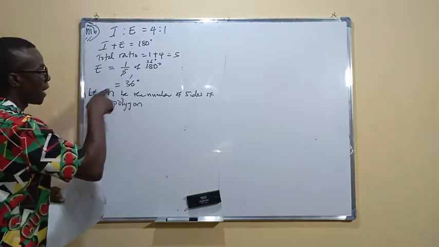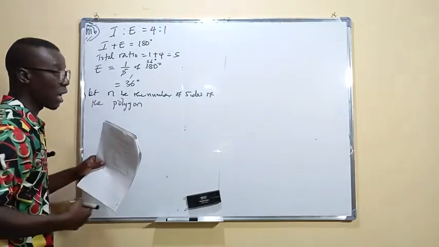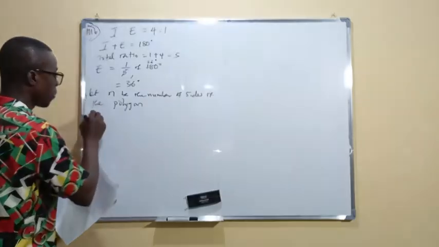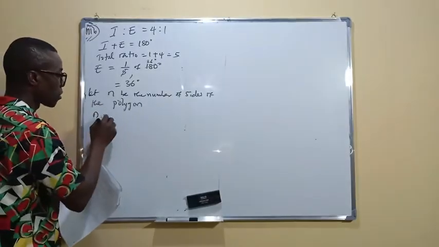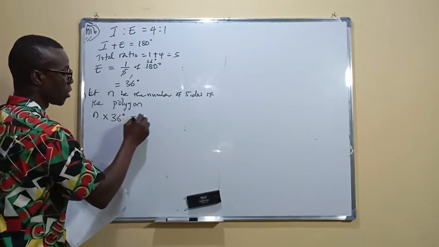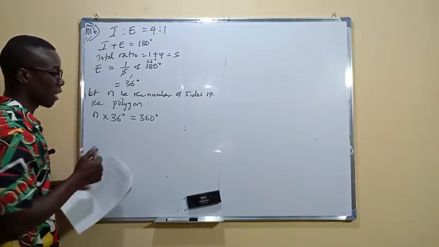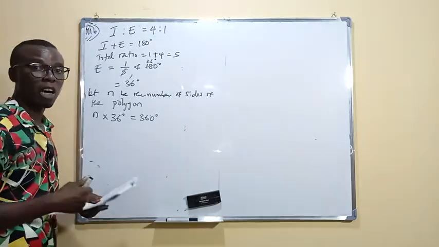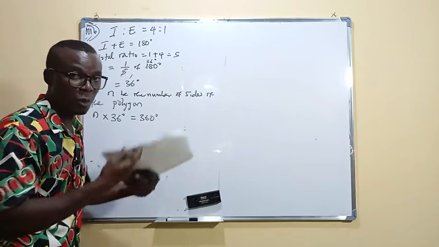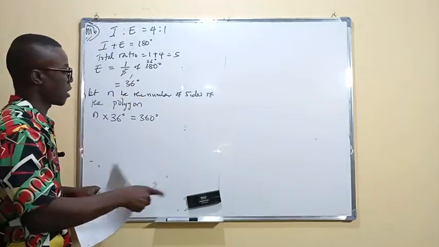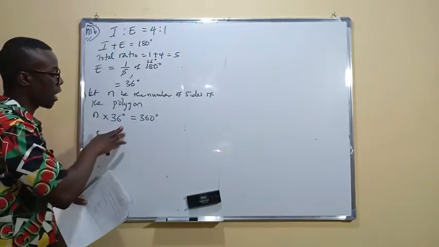Since it is a regular polygon and all the exterior angles are the same, if I multiply the number of sides by each exterior angle, it should give me 360 degrees. Remember I said, let's say we're having 5 sides, that will be 36 degrees plus 36 degrees plus 36 degrees, 5 times. So in this case, I can just say 5 times 36. That's why I'm saying the number of sides times this.